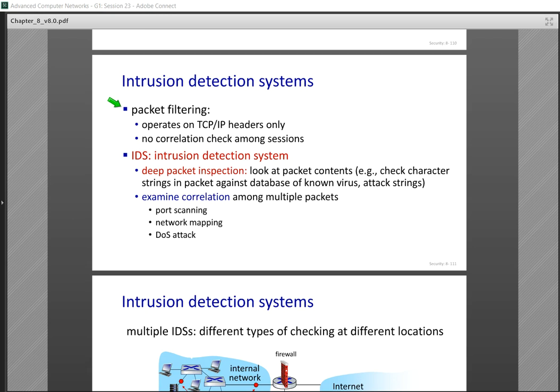Okay. What security tool in a network is intrusion detection systems. The IDS or intrusion detection system is a system in network with deep packet inspection capability.